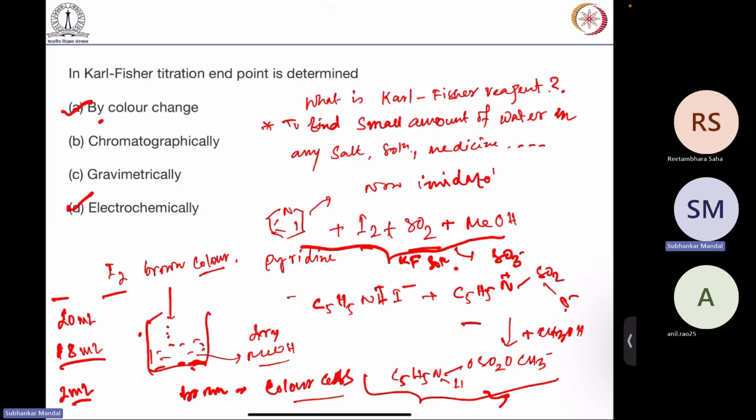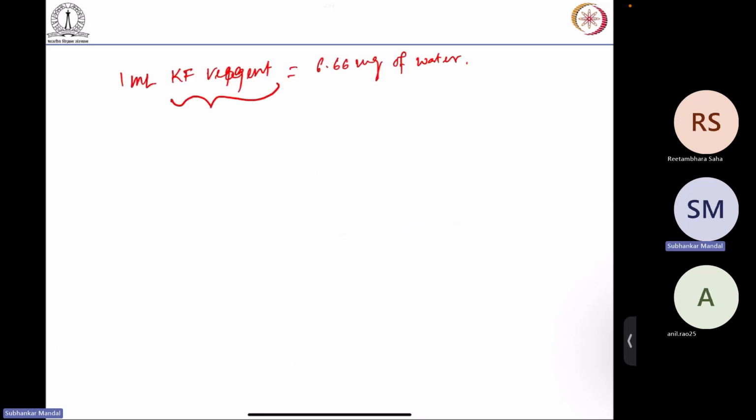It has an almost equivalent structure, with two nitrogen atoms. For imidazole, 1 ml of Karl Fischer reagent is equivalent to around 5 mg of water.